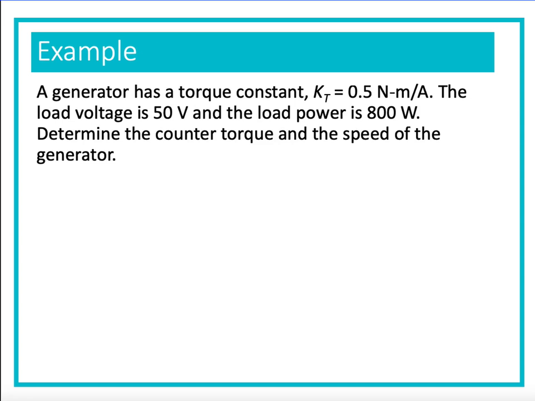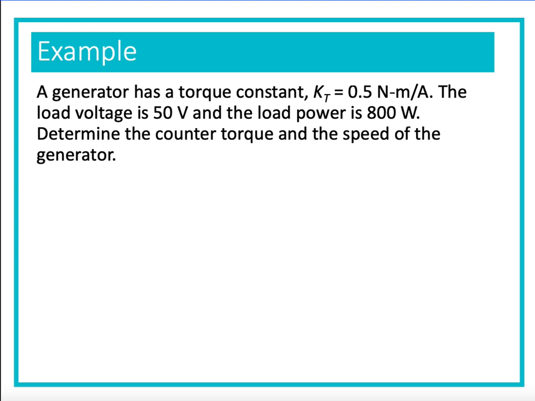So let's look at an example. We have a generator with a torque constant of 0.5 newton meters per amp, and the load voltage is 50 volts and the load power is 800 watts. We want to determine the counter torque and how fast the generator is going. So first we can calculate the armature current.